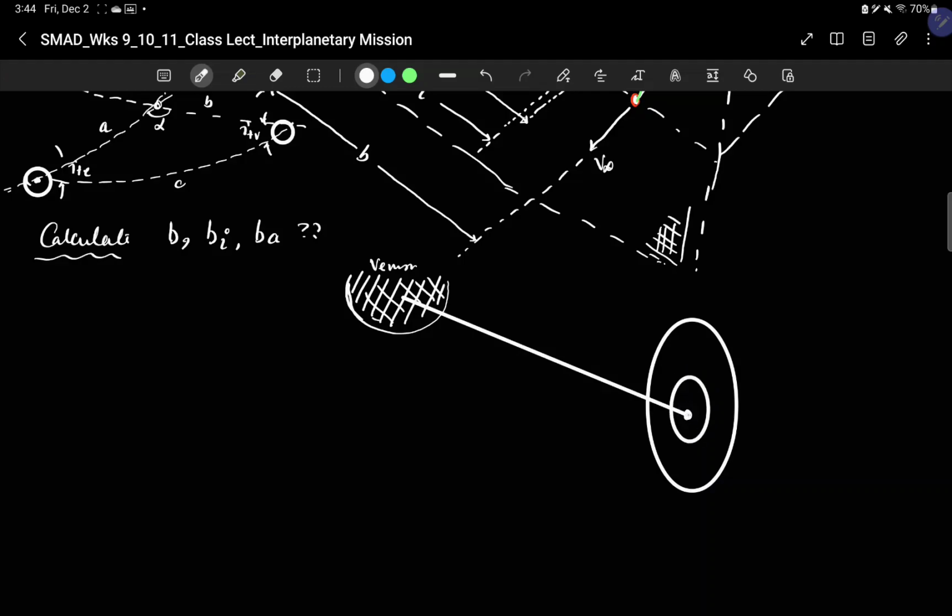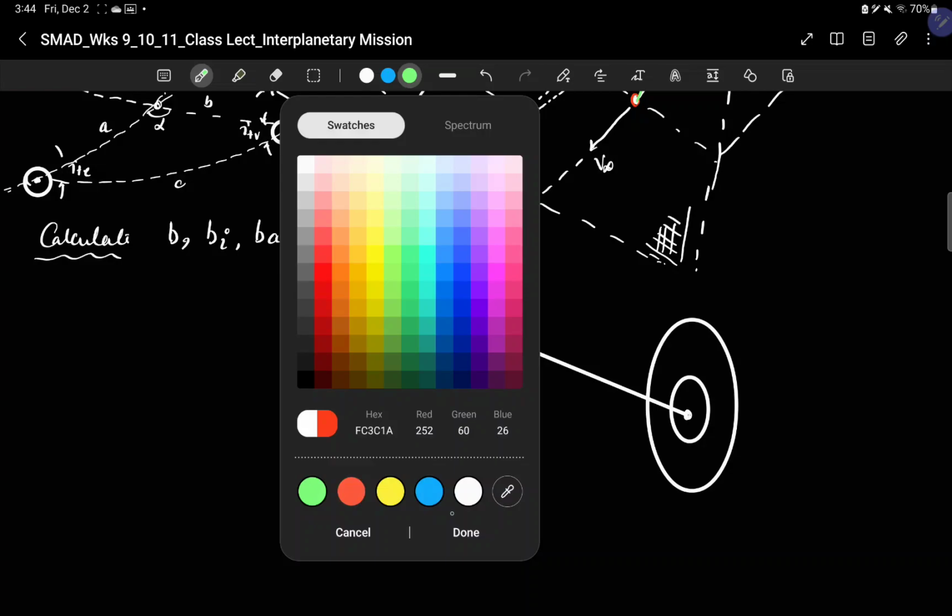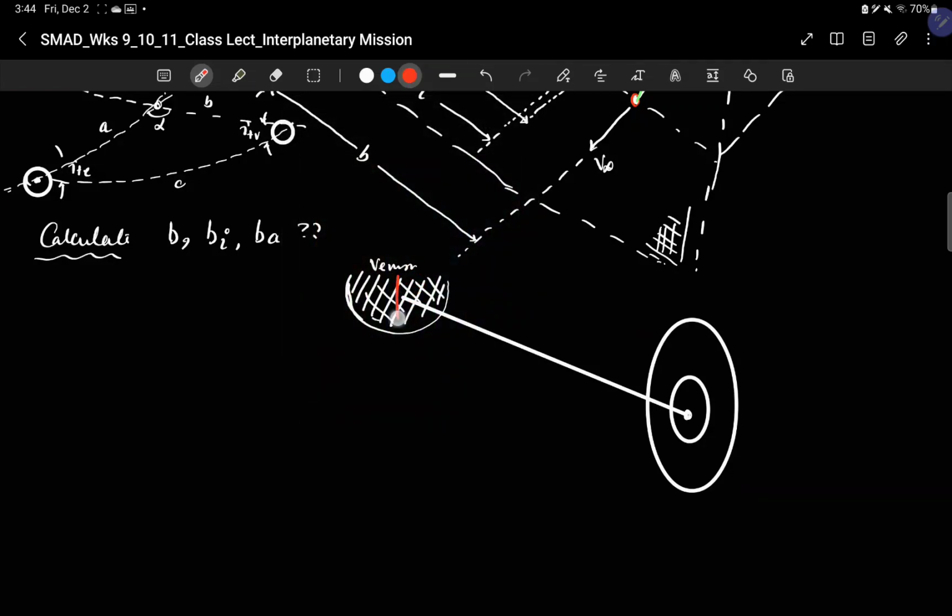And finally, we reach the corrected position. If you were to draw this, you will find that R, our coordinate system, will be pointing in this direction, and we have the T, which will be pointing in this direction. In this way, you can have the incoming spacecraft. So this is your B here.